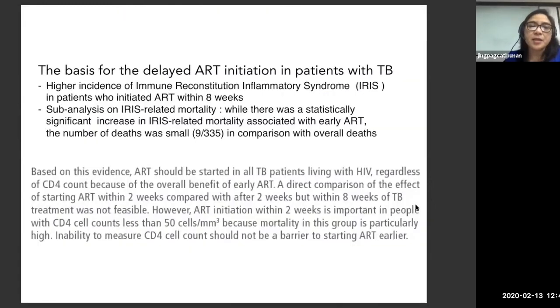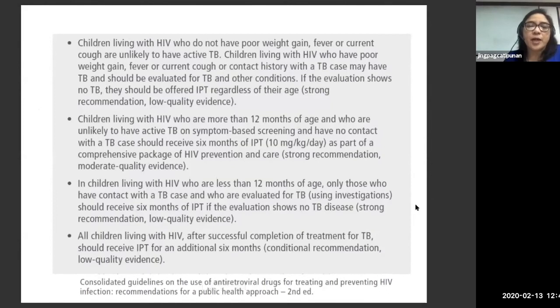The basis is to delay the ART initiation in patients who have just started TB treatment by at least 2 weeks, because of the higher incidence of IRIS when ART is initiated within 8 weeks, but it has now been lowered to at least 2 weeks. So you start the TB treatment, and then after 2 weeks, you can start the ART treatment. So these are what we look for in children living with HIV who also have TB.